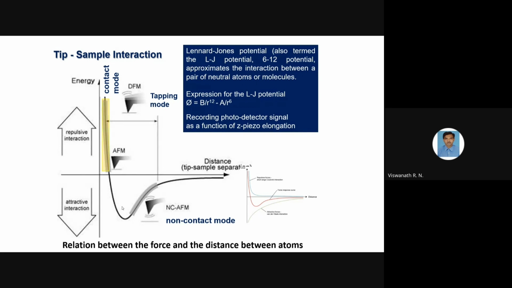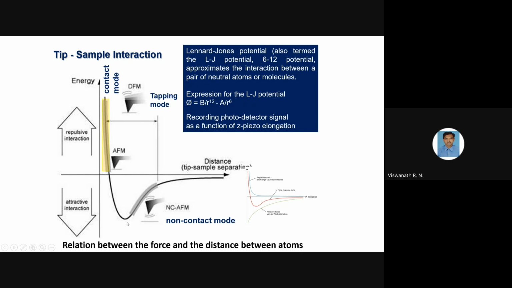So the force of attraction and force of repulsion together are called the 6-12 potential, with the expression B over r power 12 minus A over r power 6, where A and B are constants and r is the separation distance. The r power 6 term is negative, this is attraction, and the r power 12 term is the repulsion.